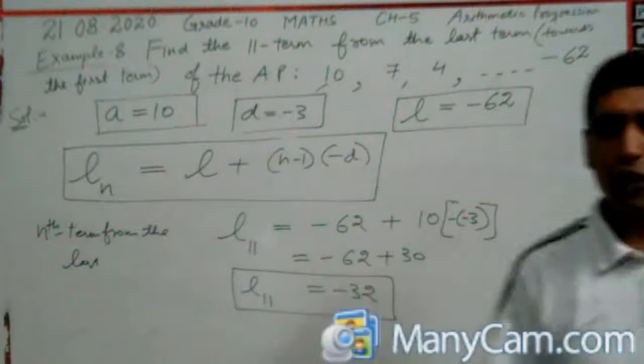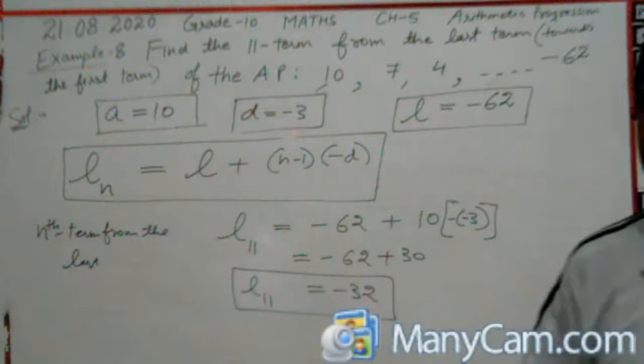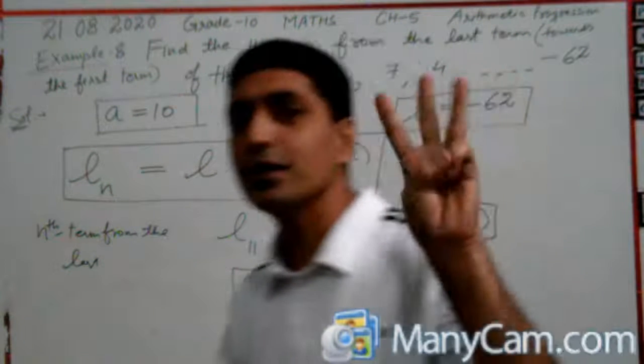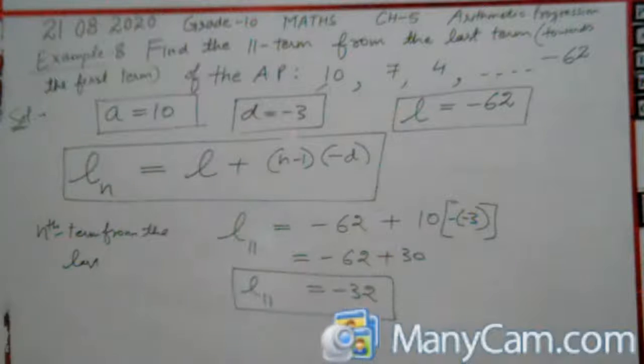So this is all about example number 8. I have explained it in 3 ways. Whatever you feel, just provide me feedback. Alternate methods are also discussed, and you can complete them as homework.